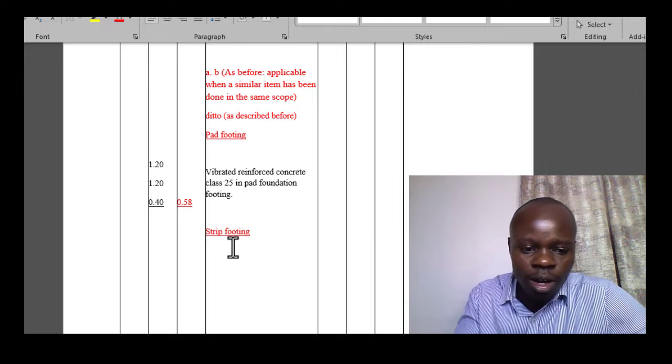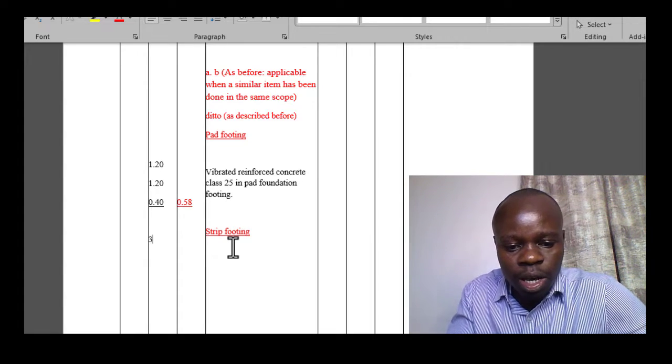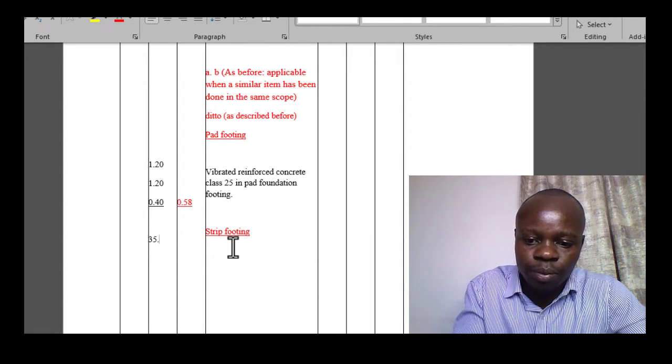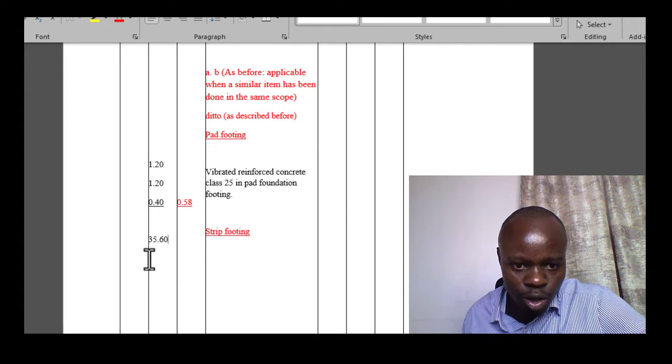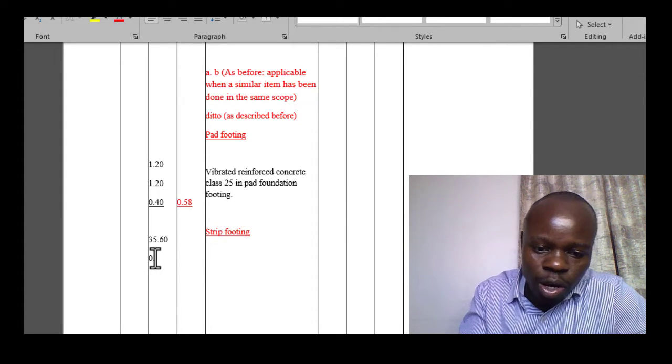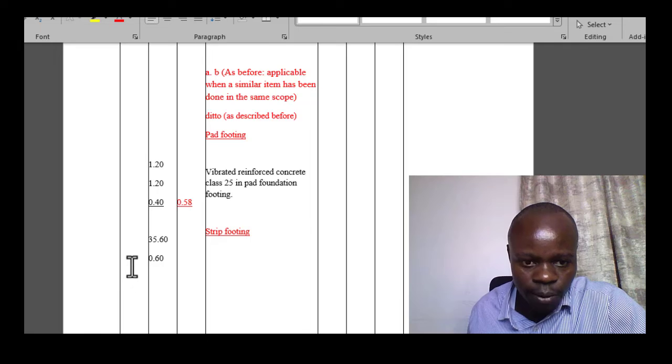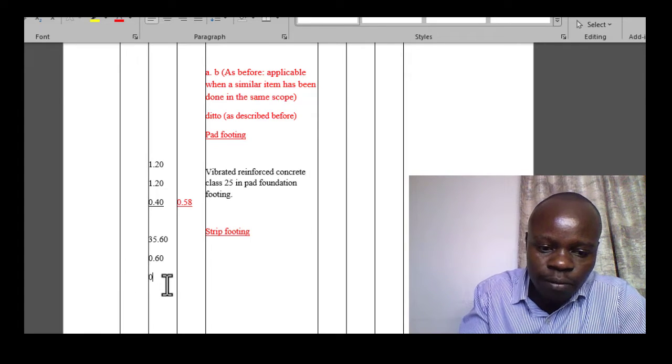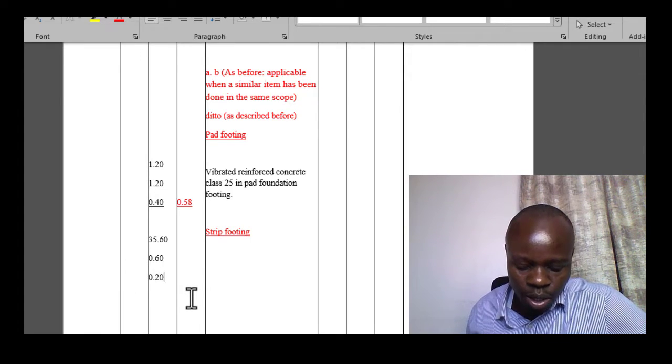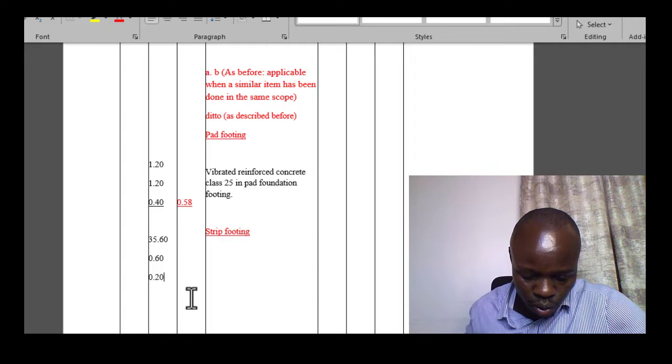So you have a center line of, let me say, 35.60 meters, then times the width, for instance, 0.6, and then the depth is, for instance, 0.2. Then you do your description, 35.6 times 0.6 times 0.2.